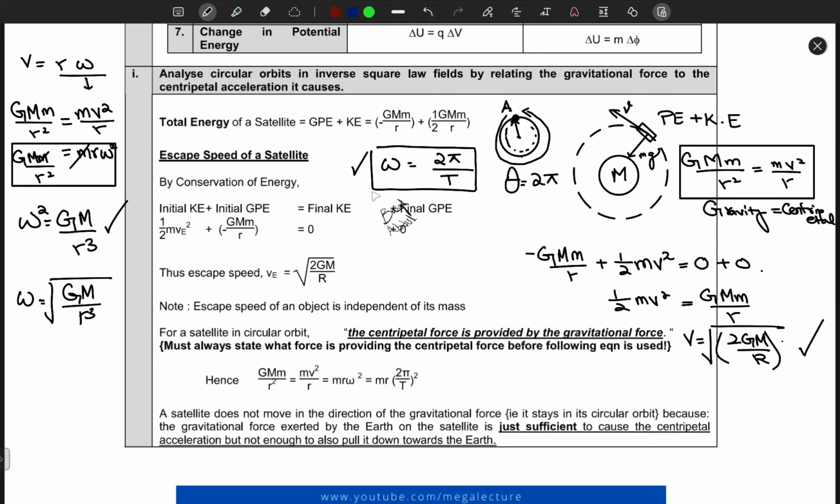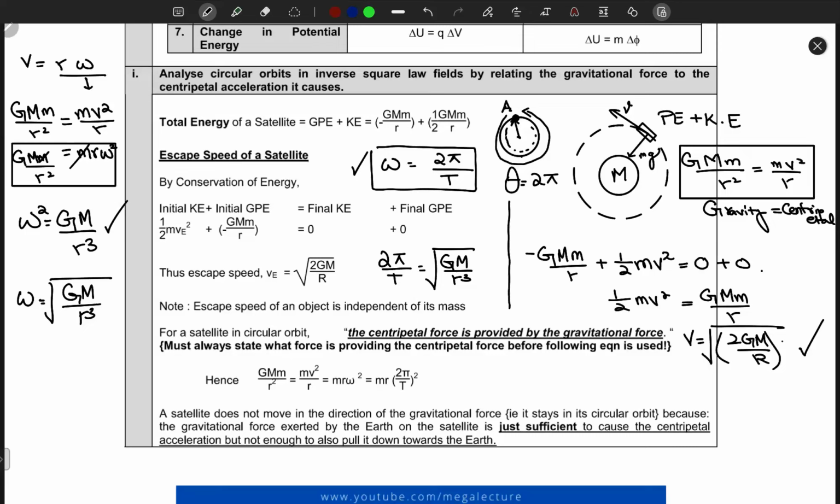So now you did the problem mainly for us, because we'd be relating these two expressions for omega. So 2 pi by T is equal to the square root of GM by r cube. This gives you the expression for the time period, so I just have to rearrange this.